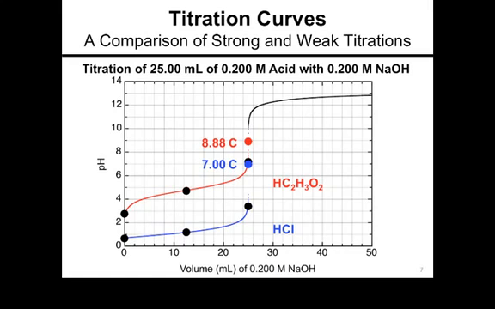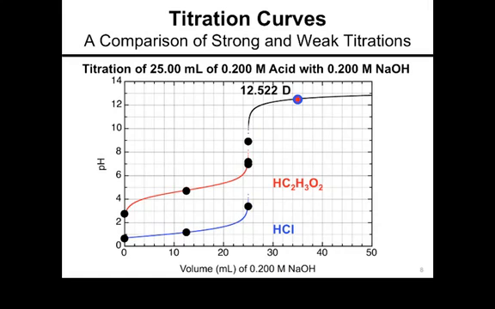Look what happens after point C for the acetic acid. After that, the titration curves line up. And that's because once you've passed the equivalence point for the weak acid, now what you have is an excess of the strong base, sodium hydroxide.